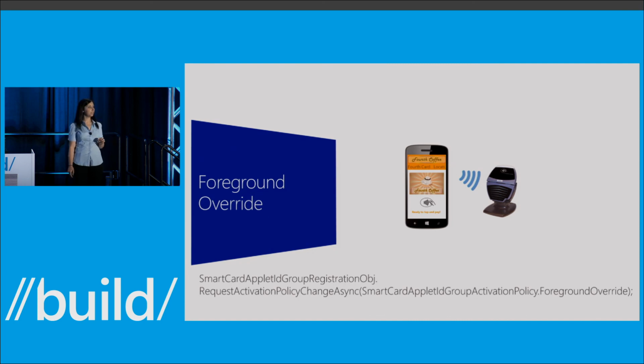Your application, whenever it comes to the foreground, can ask to be foreground override. So as long as your application is in the foreground, the traffic will be received by your application. The phone settings will not change. My Contoso credit card will still be my default payment application, but this is a temporary override where your application can receive traffic.